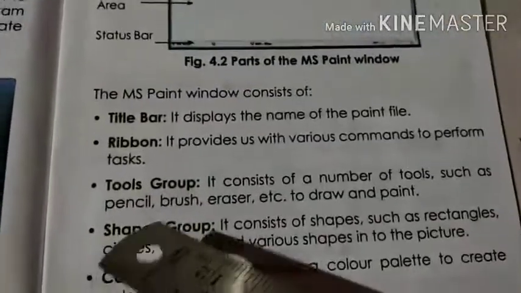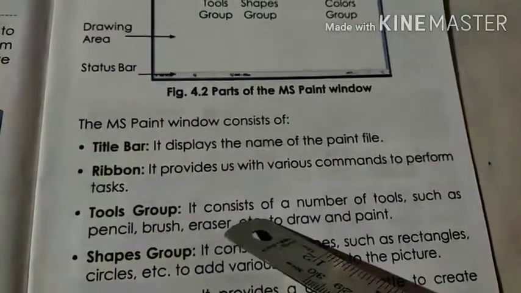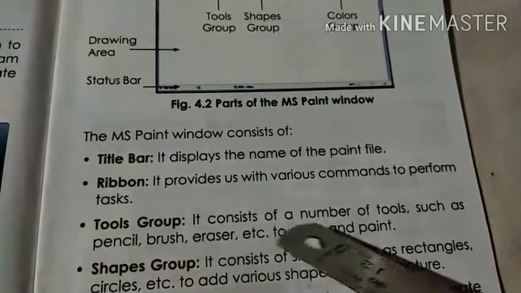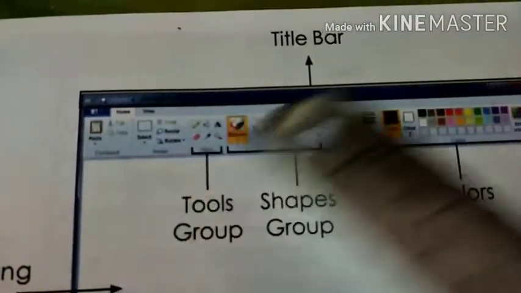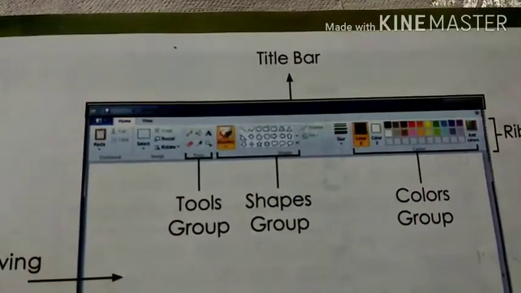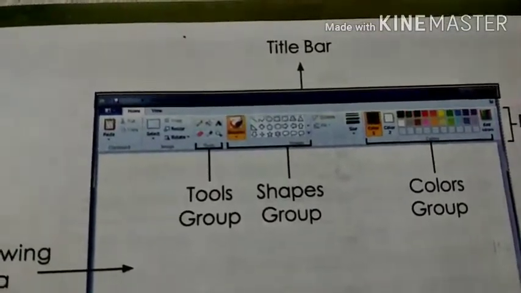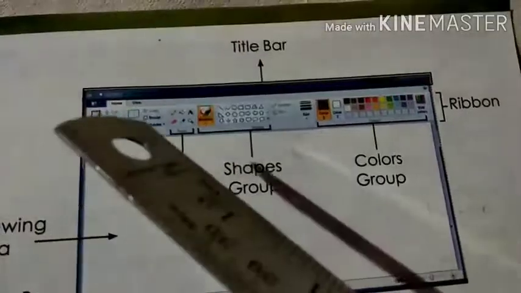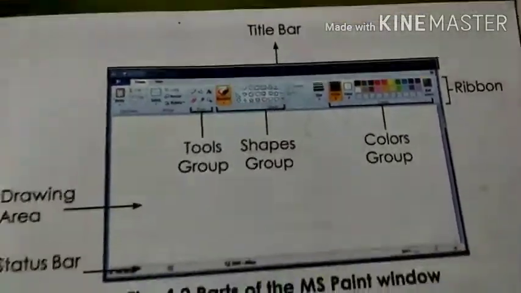Next, tools group. It consists of a number of tools such as pencil, brush, eraser, etc. to draw and paint. You can see here we have pencil, eraser, brush, then color bucket, text box. Many tools are available here for drawing or painting.